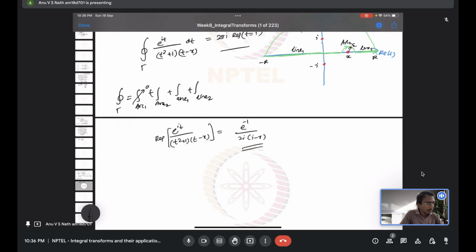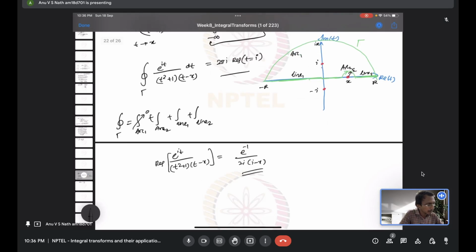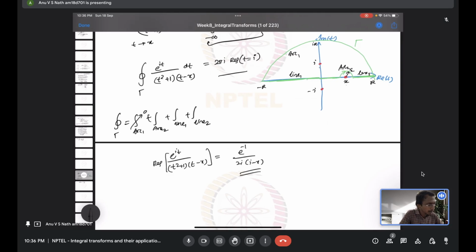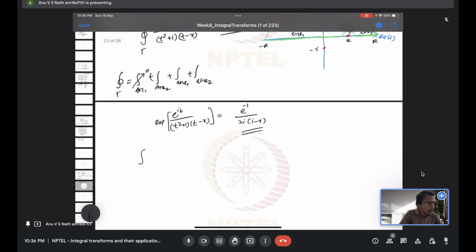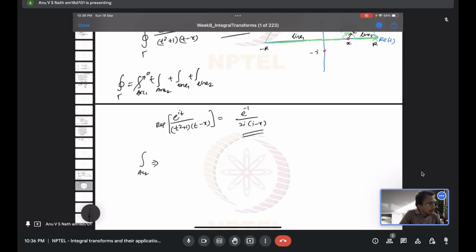Then you will have a contribution from this smaller circle. Over arc 1 you can say it is going to vanish. Over arc 2 the integration is performed over t, which is actually a shifted circle, x plus epsilon e raised to i theta, epsilon tending to 0, where theta is going from pi to 0.